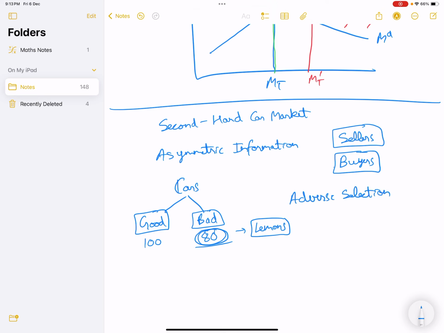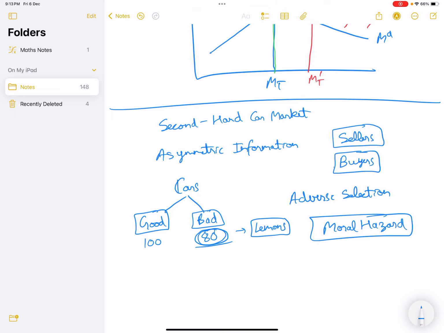And then there is another concept of moral hazard. Suppose you go to a bank and say that you want a loan for a business purpose. But once you get the loan, you spend it on your marriage or on some unnecessary things.